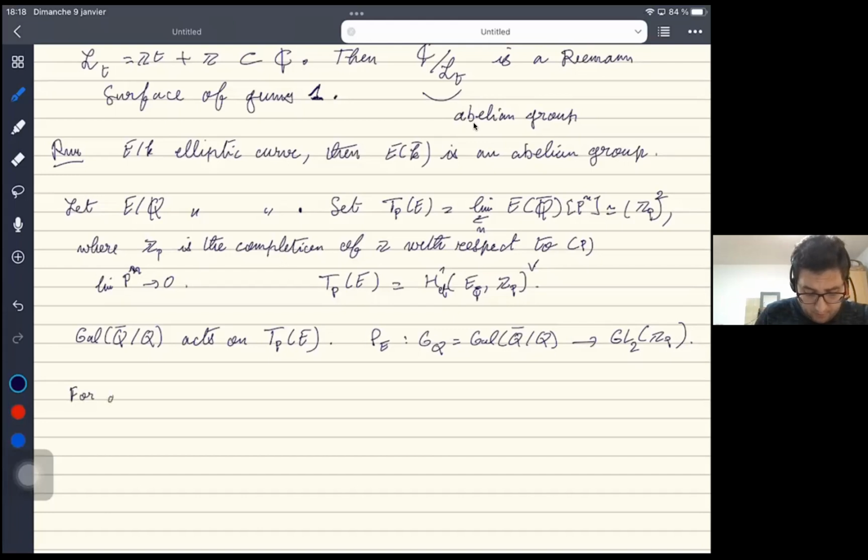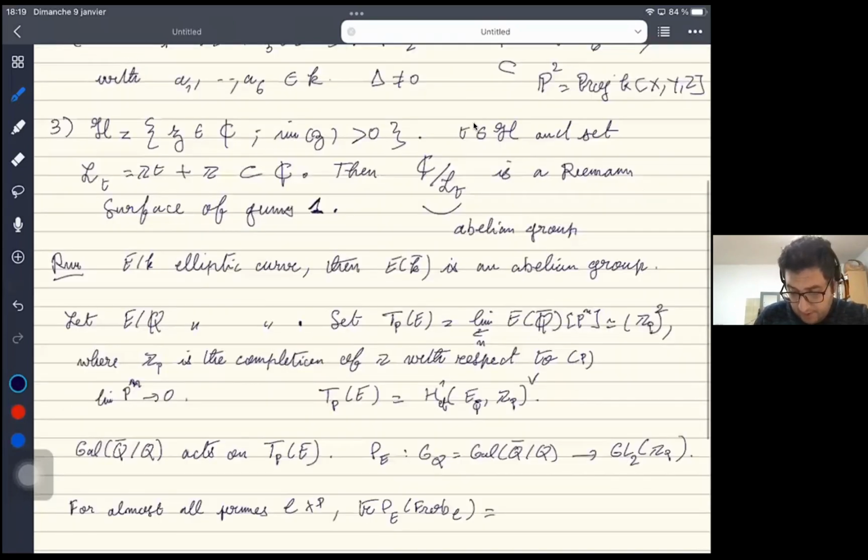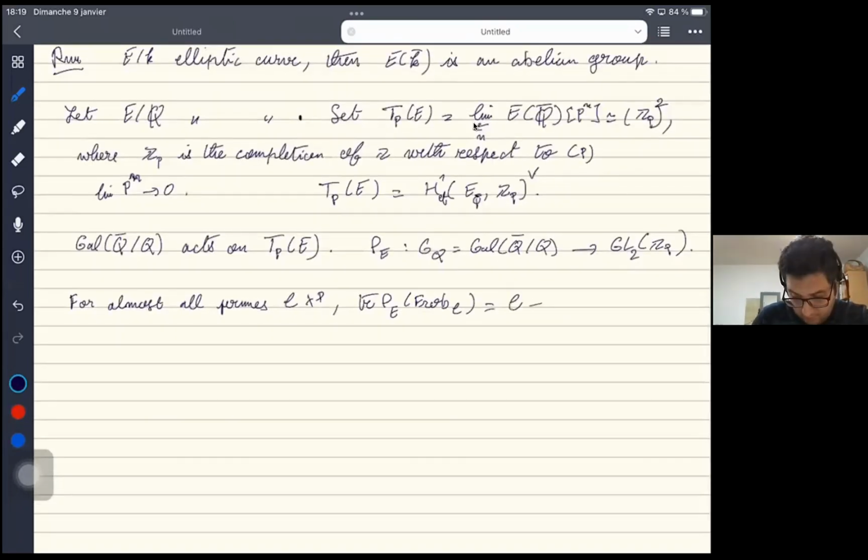For almost all primes L away from P, this representation will be unramified at L, and then you can consider the trace of the evaluation at the Frobenius. I will explain here a little bit.